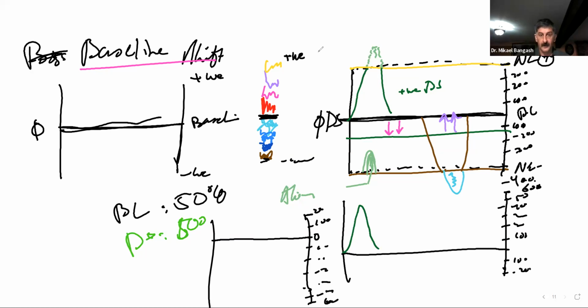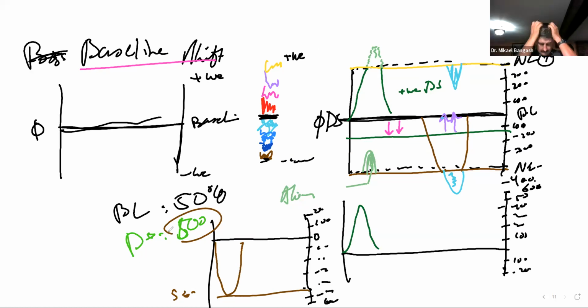So that reading where we first had a negative Doppler shift with aliasing is now going to be able to measure 500 centimeters per second of velocity of blood.